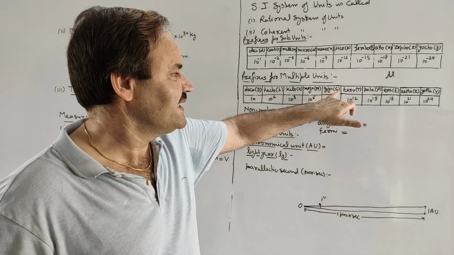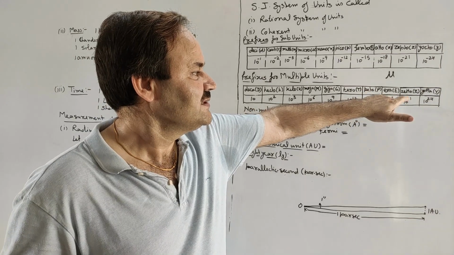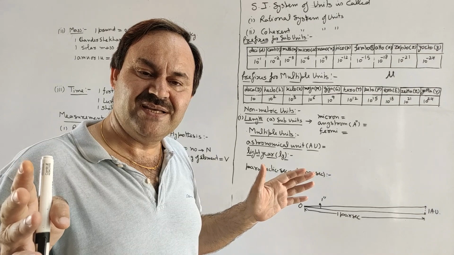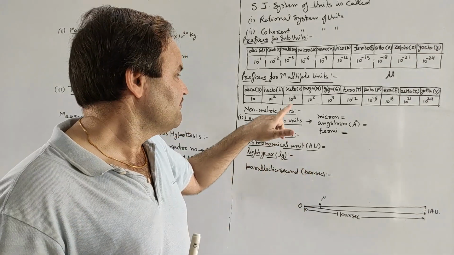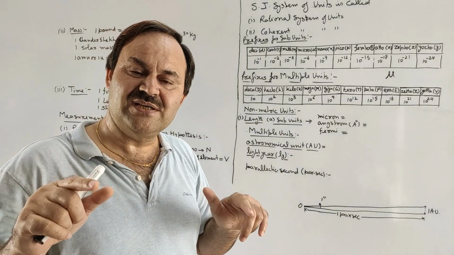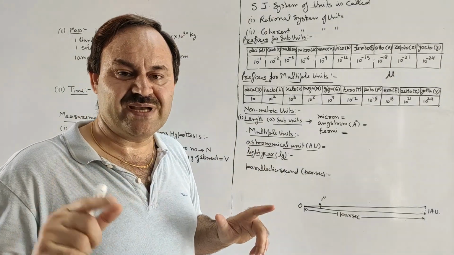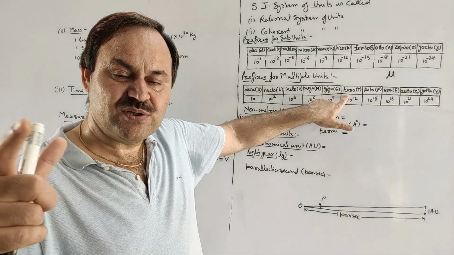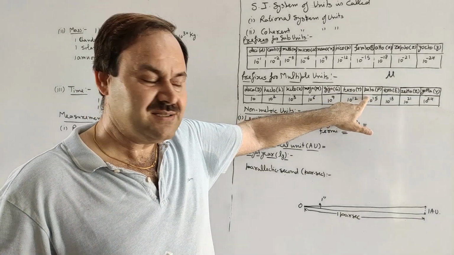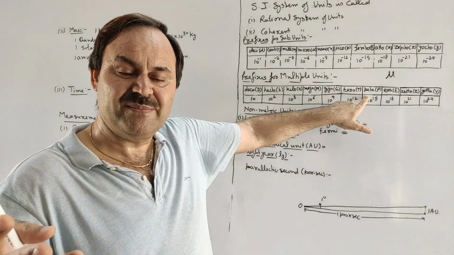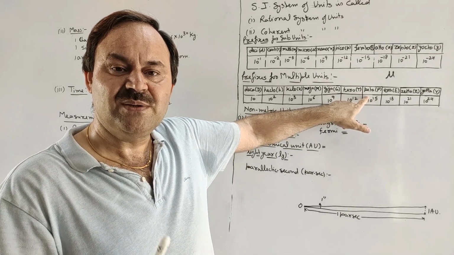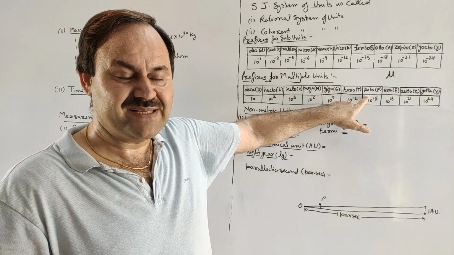Symbols of mega and giga, tera, peta, exa, zeta, yota, all will be represented by capital letters, while that of kilo and hecto will be represented by small letters of English alphabet. Tera is 10 to the power 12, and then peta 10 to the power 15, petameter 10 to the power 15 meter, petagram 10 to the power 15 gram, petasecond 10 to the power 15 second, like that.